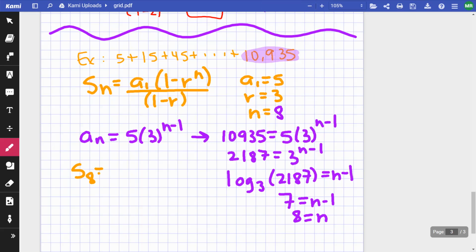8 is equal to my first term, which is 5, times 1 minus what I'm timesing by, which is 3, to the power 8, all over 1 minus 3. And I'm going to put that into my calculator.